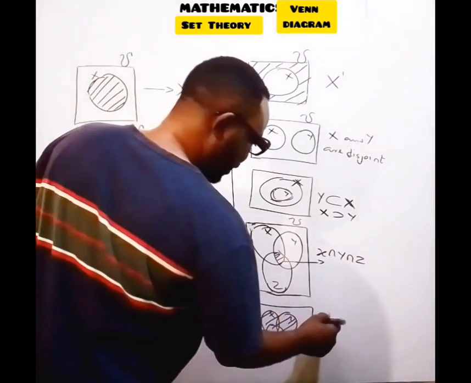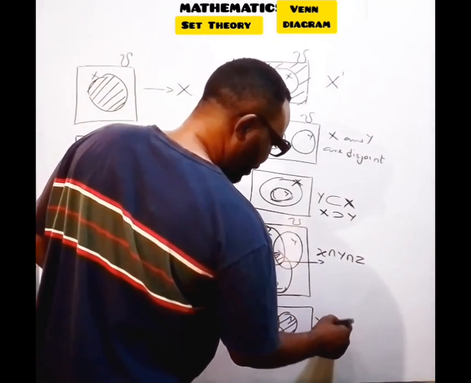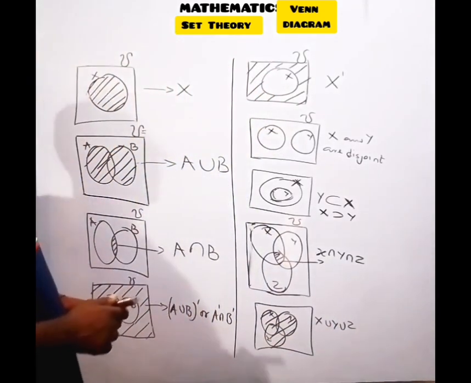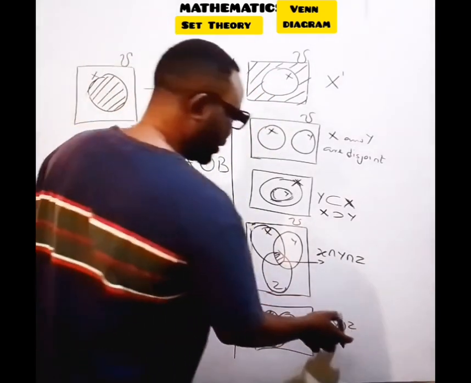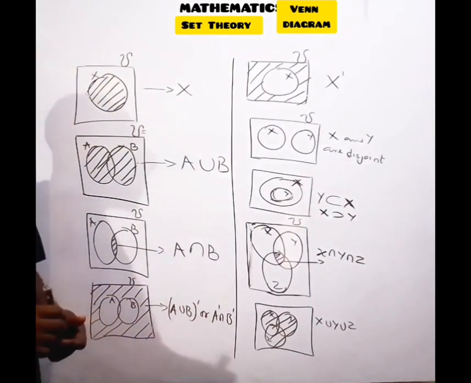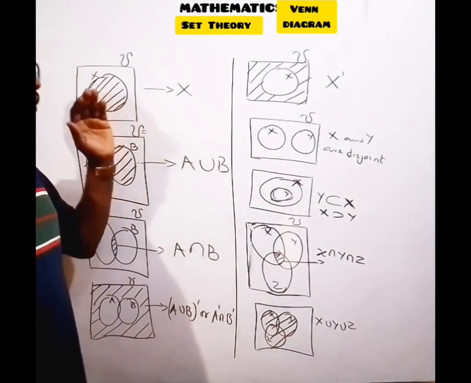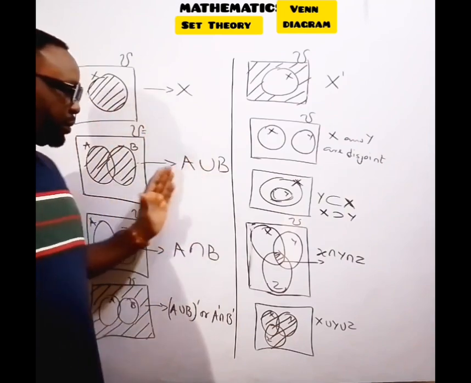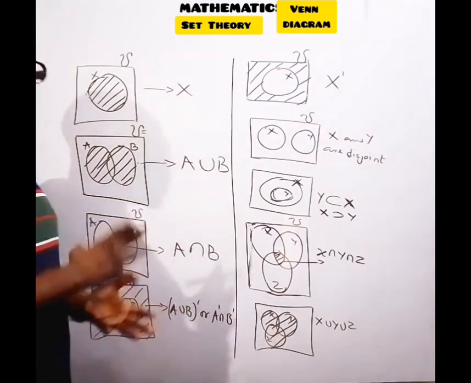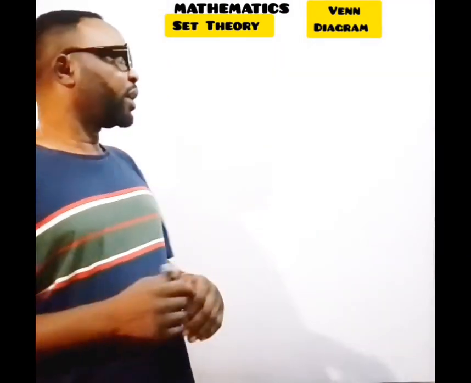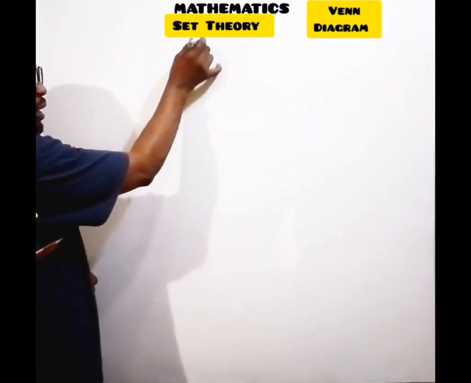This one is X union Y union Z. That is the meaning of this particular Venn diagram drawing. Now, I'm still going to show you more diagrams. Take a look at this very well. And still on the Venn diagram, I have this again.